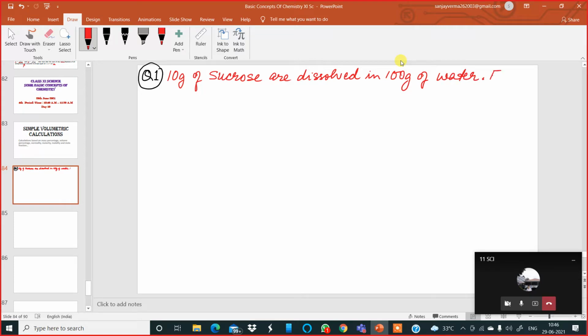Find the mass percentage of sucrose in the solution.